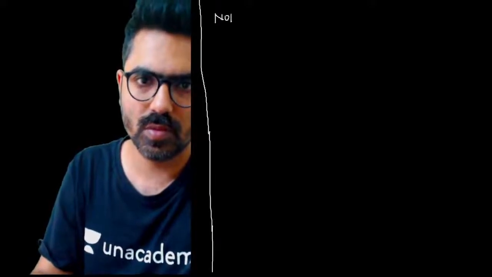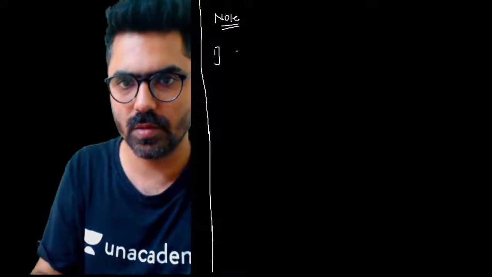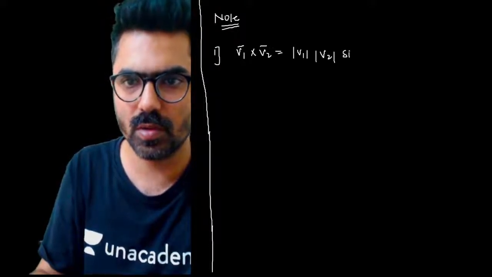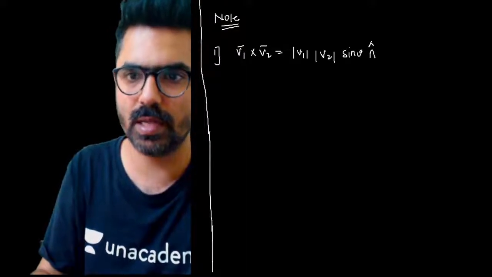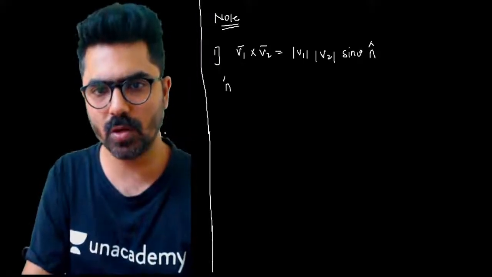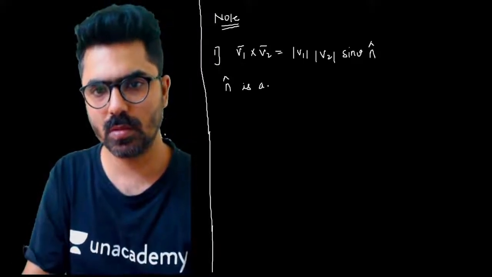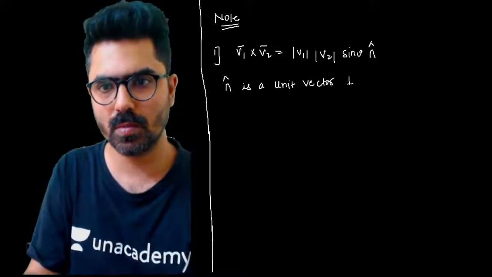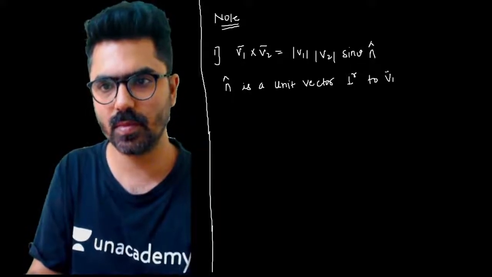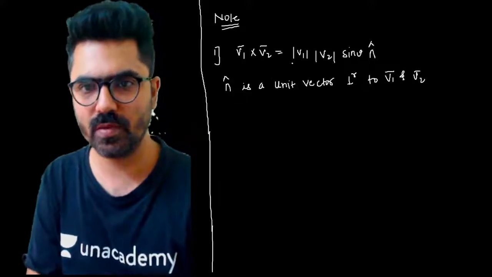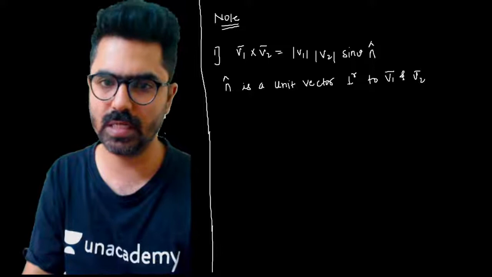So v1 cross v2 is defined as mod of v1 mod of v2 sin theta n cap, where n cap is a unit vector perpendicular to v1 and v2. Mod v1 is the modulus of v1, mod v2 is the modulus of v2, and theta is the angle between v1 and v2.